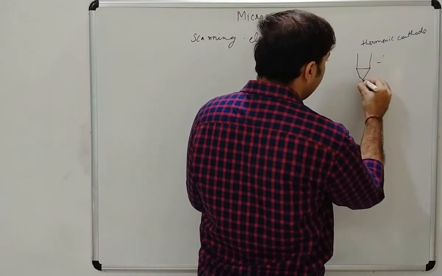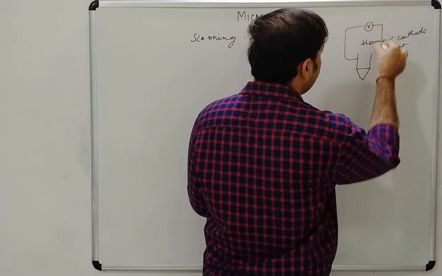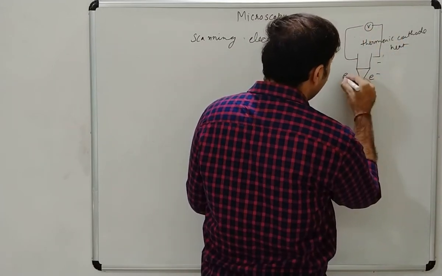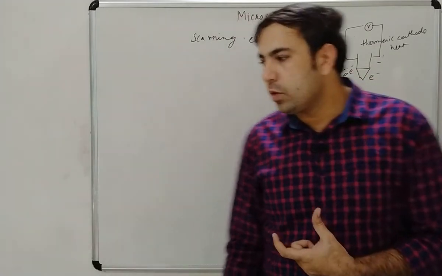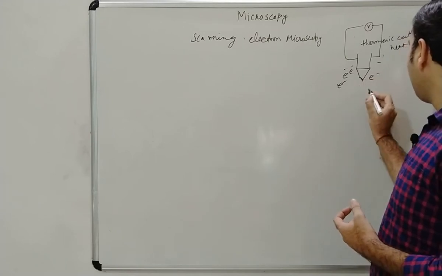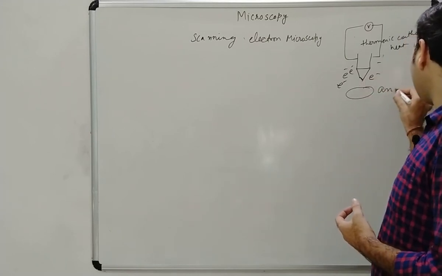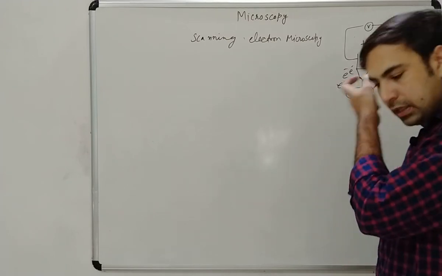If you give heat or apply a voltage, it will generate electrons. To collect these electrons in one place, we apply an anode, with negative charge. Then all the electrons collect in a single line.